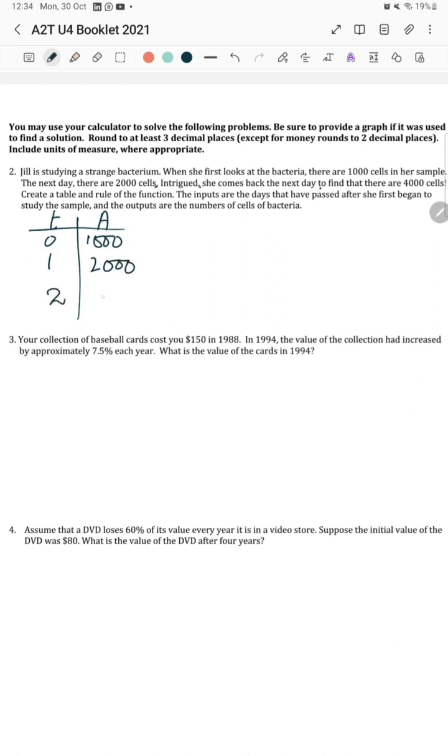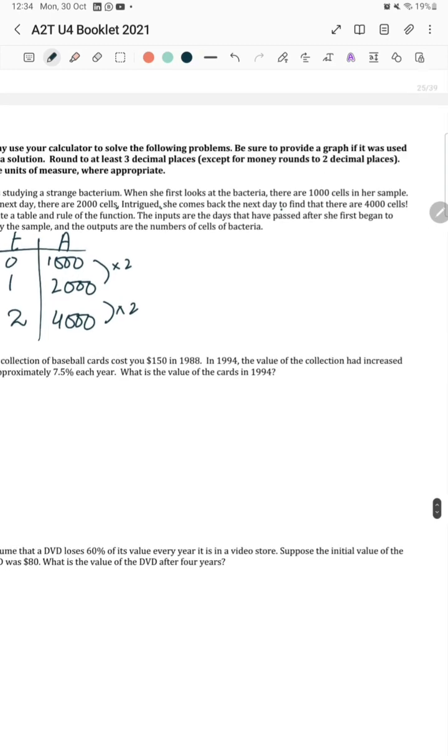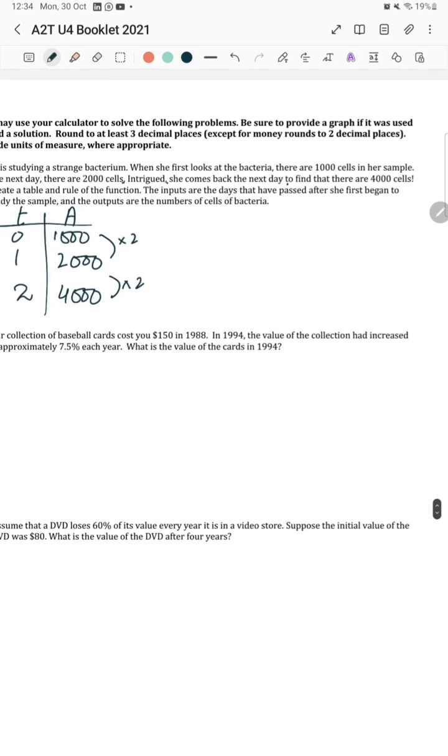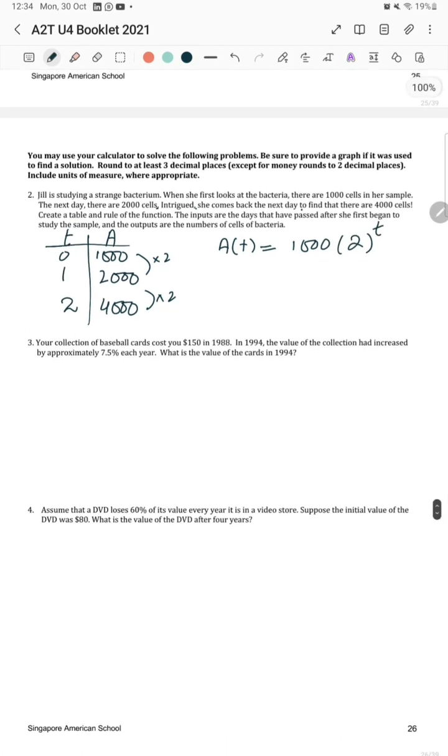And when T was 2, the cells were 4,000. Okay, so it's a multiple of 2, multiple of 2. So now what we're going to find is what is the base. Base is 2 and A of T is equal to 1,000 times 2 to the power T.